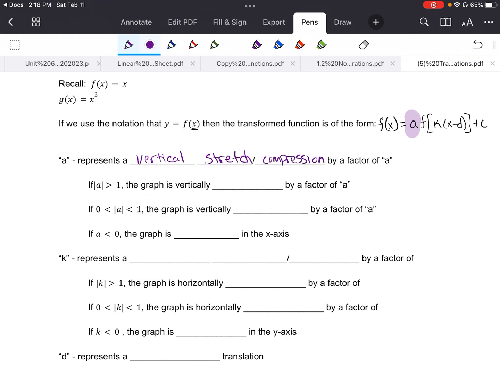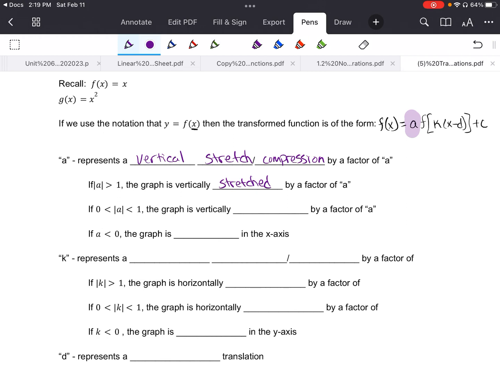If a is larger than 1, the graph is vertically stretched by a factor of a. Okay, so if a is 3, the graph will be vertically stretched by 3.